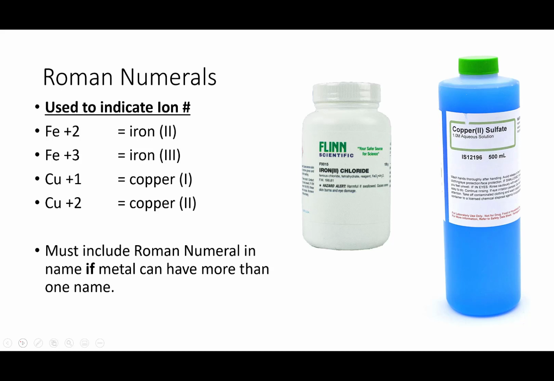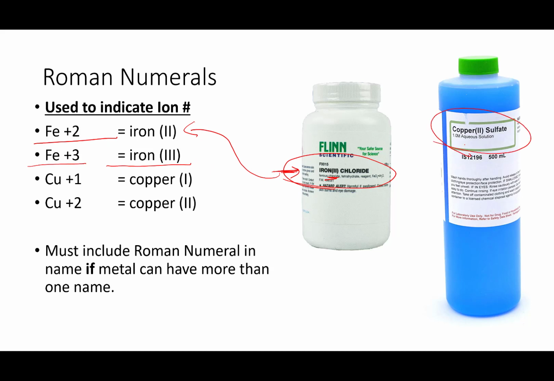Chemists indicate this in the names of compounds with a Roman numeral. So, for example, this iron chloride is iron 2 chloride. And the 2 tells us that in this compound, this is iron +2. That is how it is bonded. Now there's another form, iron +3, and if it was bonded with that, they would have written iron 3.